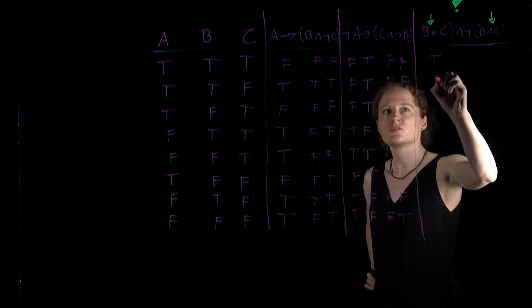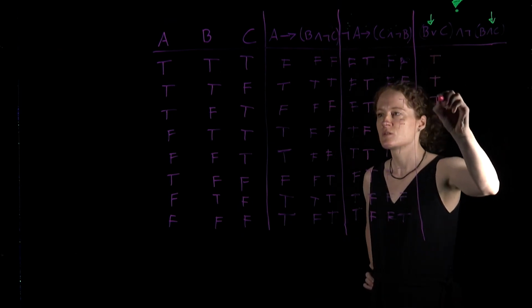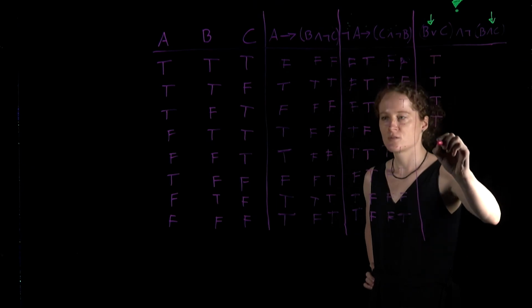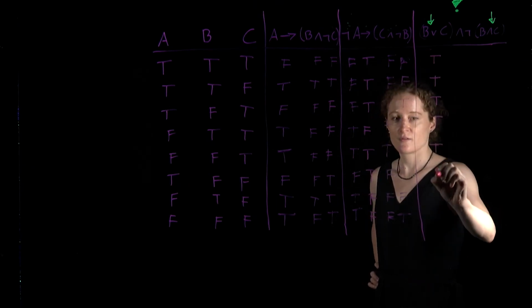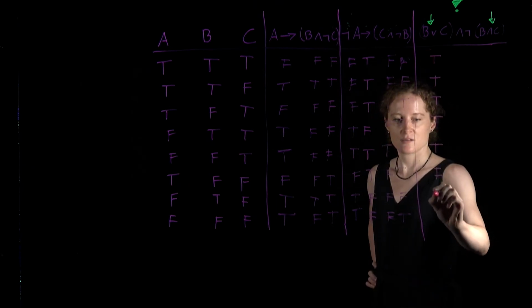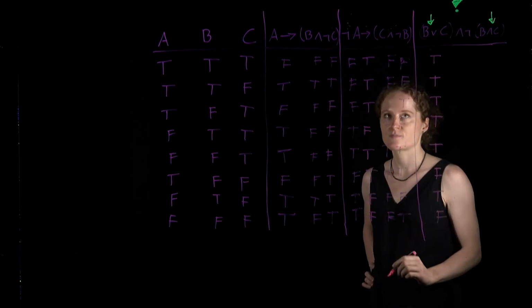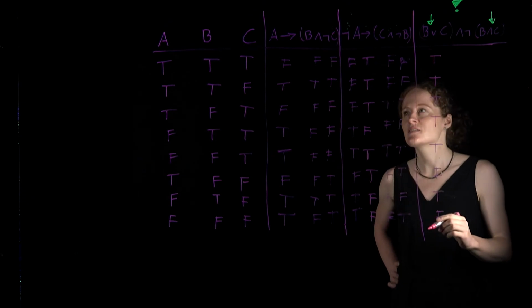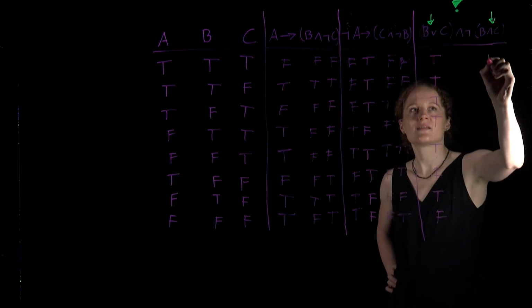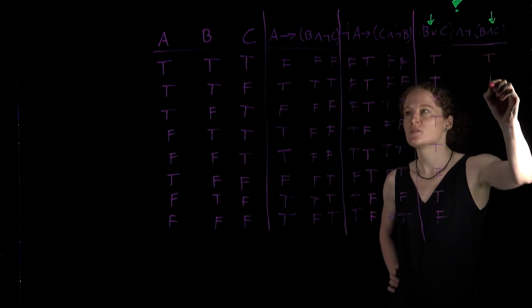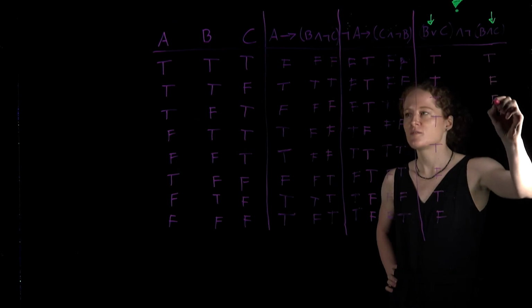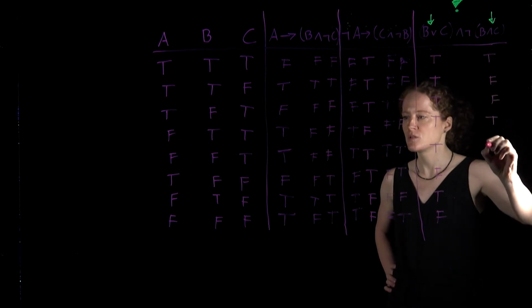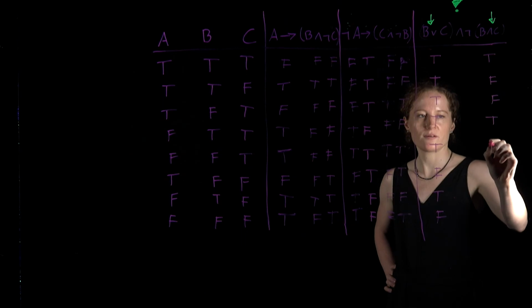So it's true, true, true, true, true, false, true, and false. Then the conjunction B and C is true if and only if both B and C are true. So that's true, false, false, true, and then false all the way down.